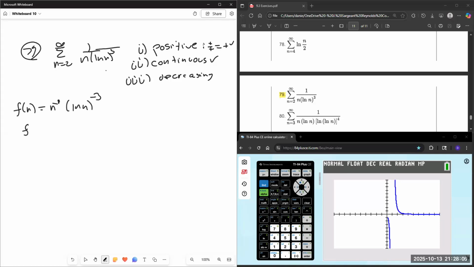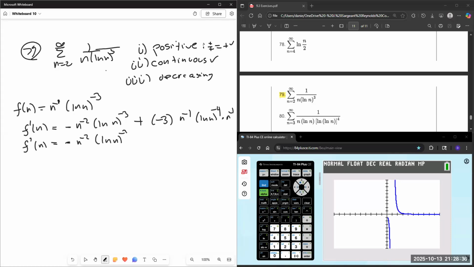So f prime of n is a negative n to the negative second ln of n to the negative third plus a negative 3 n to the negative first ln of n to the negative fourth times n to the negative first. f prime of n is a negative n to the negative second ln of n to the negative third minus 3 n to the negative second ln of n to the negative fourth.